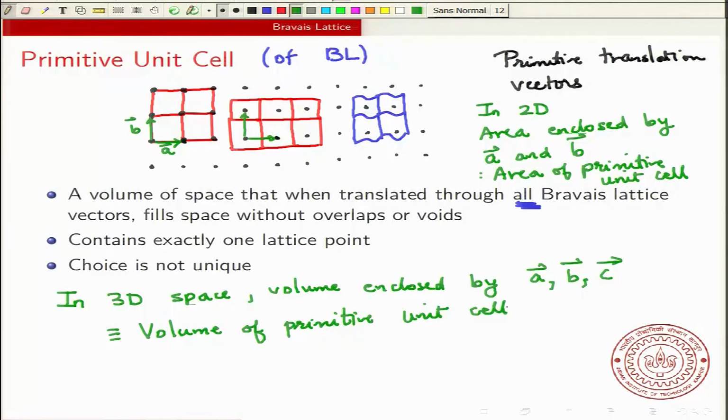What is important is that this is a volume that contains exactly one point. So the volume of the primitive cell, I can write as A dot B cross C. This is the volume of the primitive unit cell, and it contains exactly one point.